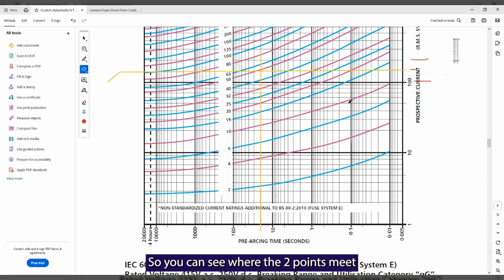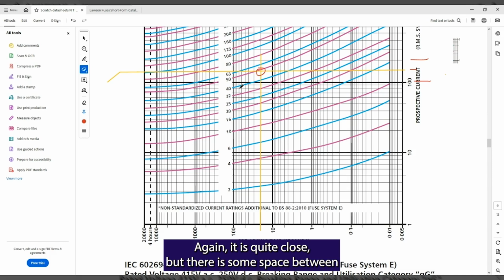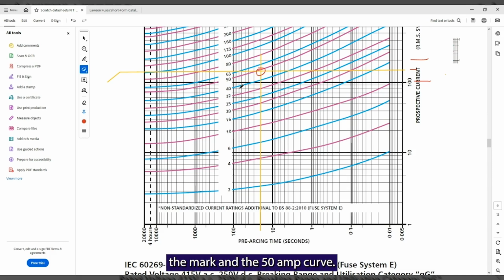So you can see when the 2 points meet, 20 seconds on the lower axis and 145 amps on the right hand axis. This is the point where it meets. So at the crossover point, you can see the mark is just below the 50 amp curve. Again, it is quite close, but there is some space between the mark and the 50 amp curve.